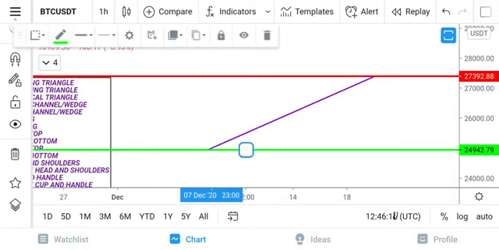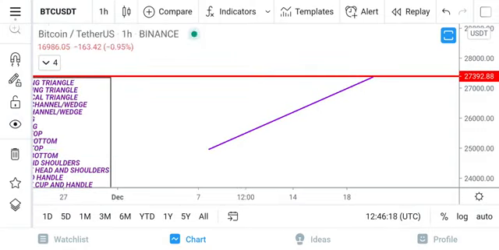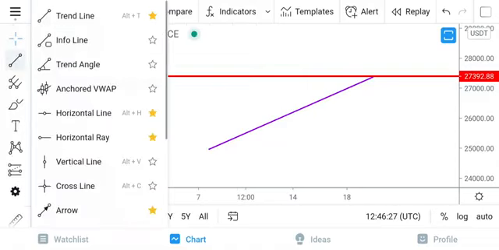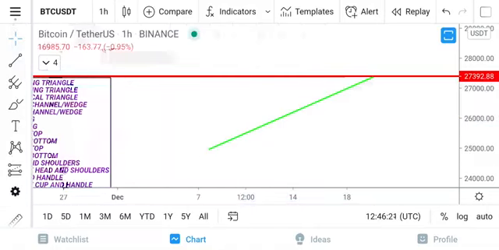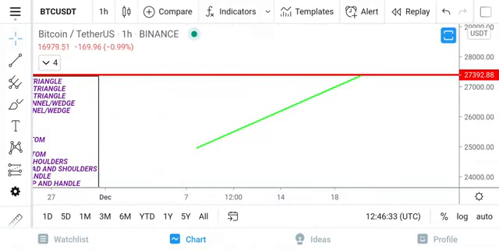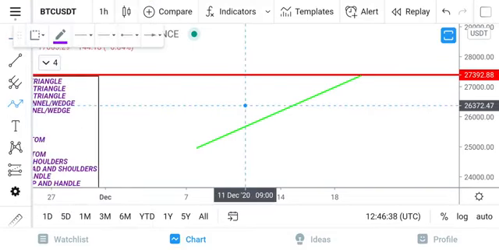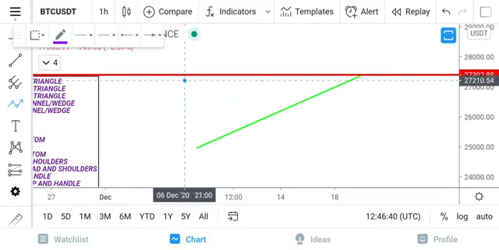Let me remove this one first. So you have this horizontal resistance and a diagonal support. Let me use green for the support. And for an ascending triangle, price is going to be making higher lows into resistance.